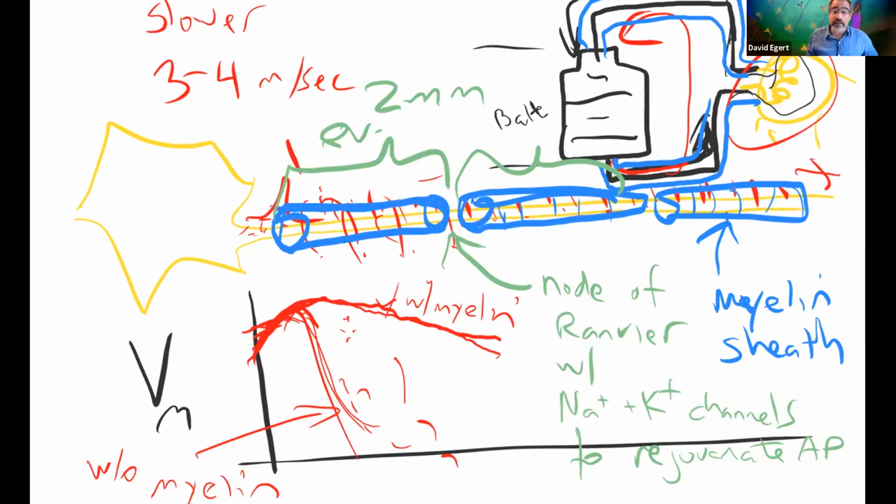So you don't need to keep rejuvenating the signal as often. So it's another way to keep the signal from dissipating, but you have to have a much fatter axon. Myelin lets you have a thin axon, but still keep the signal from dissipating.